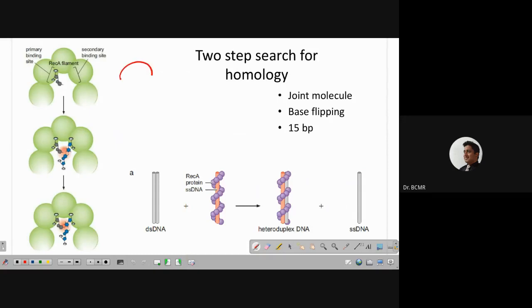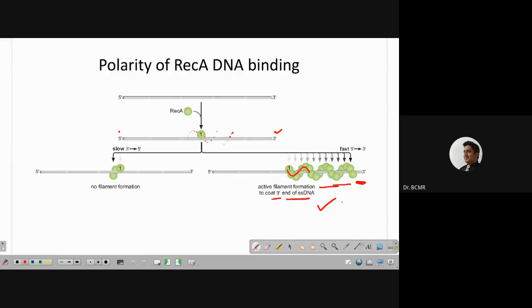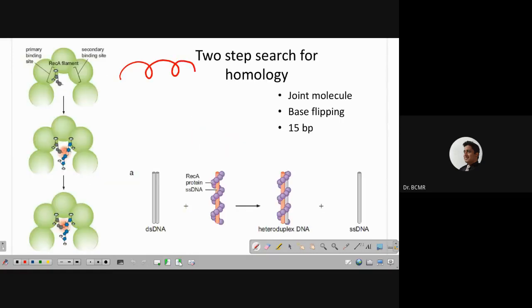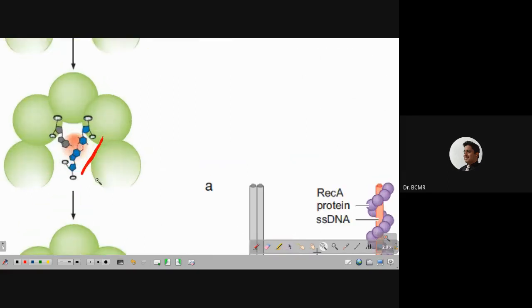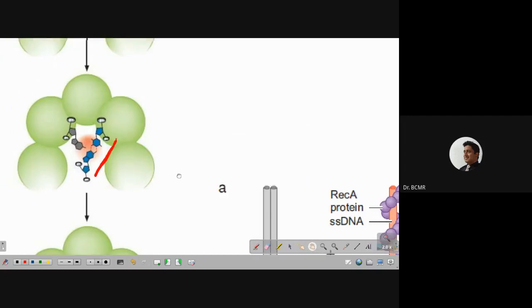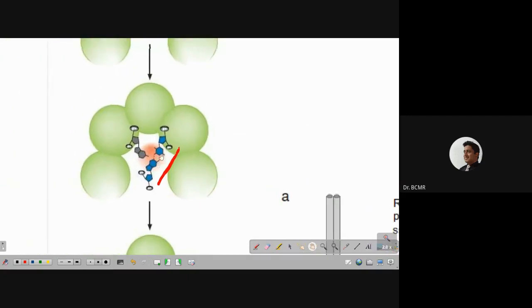So the RecA filament is forming like a coil, right? As we have seen in the previous slide, I hope you keep this in mind, that it is coiled around the single strand. And if you see the cross section of the coil, this is one DNA, facing towards us in the cross section, and it can bind to a double-stranded DNA like this. And this double-stranded DNA, if you can see it clearly, is base paired. You see these red dots.